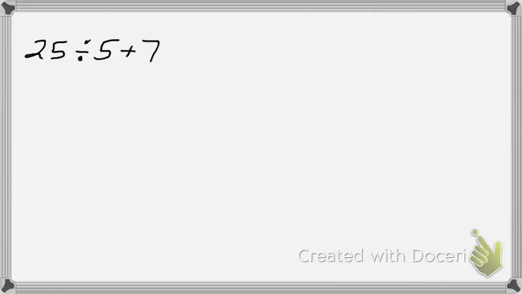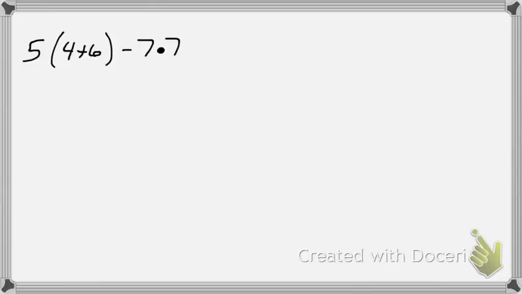So then step 3 is multiplication and division, which I see right here. And that's 25 divided by 5, which is 5. And then 5 plus 7, which is what? Grace. 12. Very good.